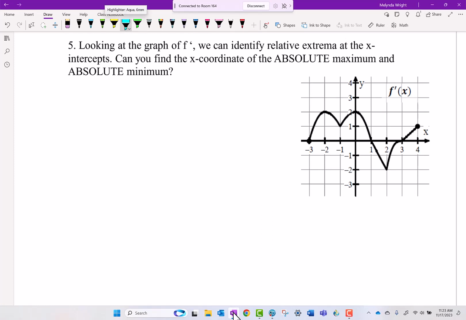Let's make this green. So this is all positive area. And there's more positive area right over here. That's positive. The area under the x-axis is negative.